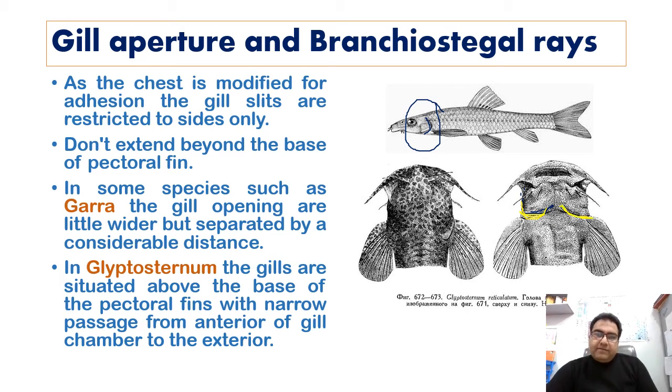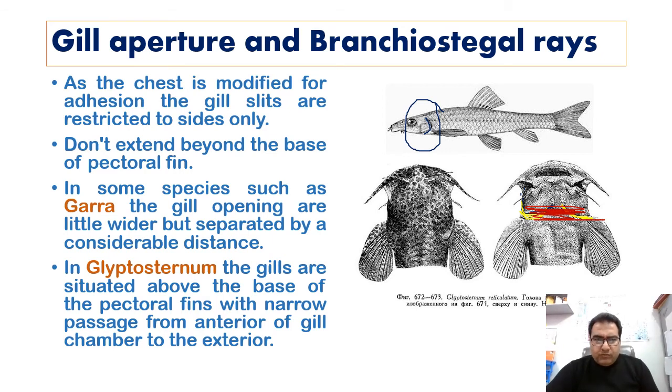But in the case of hill stream fishes, this portion which I marked here is totally used for the adhesion, so the gills cannot be present on the lower side. So gills are only restricted to the lateral side, and that too toward the side of the body.